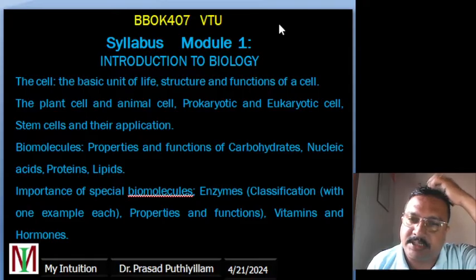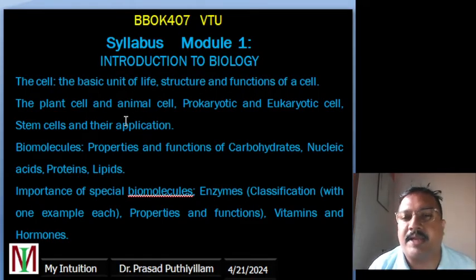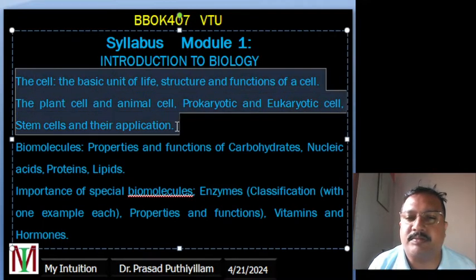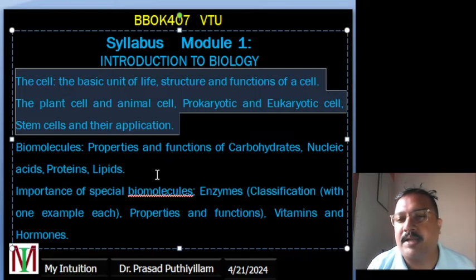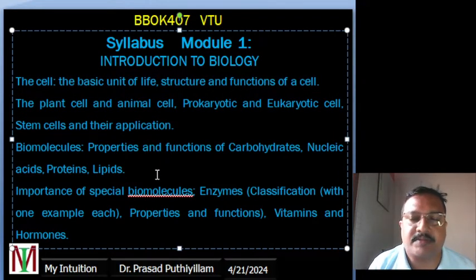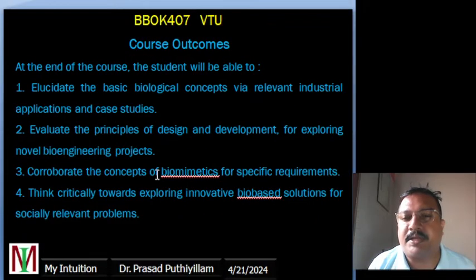The cell structure, the basic unit of life, structure and function of cell, the plant cell and animal cell, prokaryotic and eukaryotic cells, stem cells and their application, biomolecules, carbohydrate, nucleic acid, proteins, lipids, enzymes, vitamins and hormones. In this particular class series I am trying to cover up to prokaryotic and eukaryotic cells, as well as stem cells and their applications.